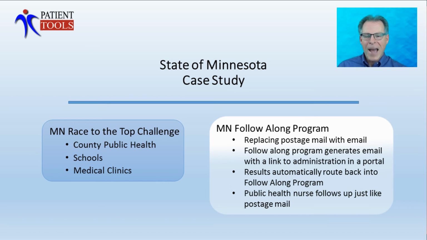And so that just takes all the labor out of it, and it demonstrates this concept of automating your process. It also reduces cost, just the postage and the cost of the paper and so forth. You lose all that, and you flip everything over to email. The next thing we're looking to do with those folks is try to get them over on text or out onto personal apps.